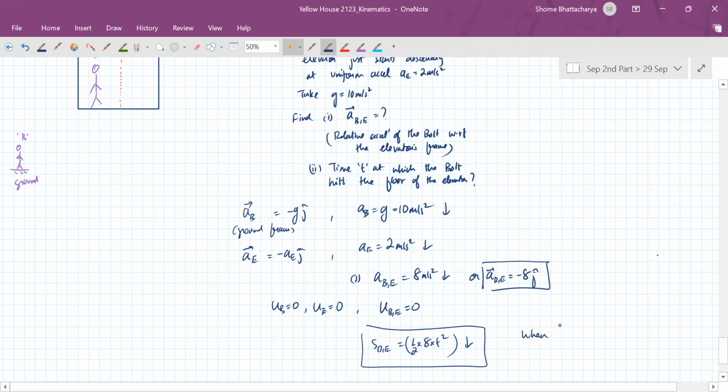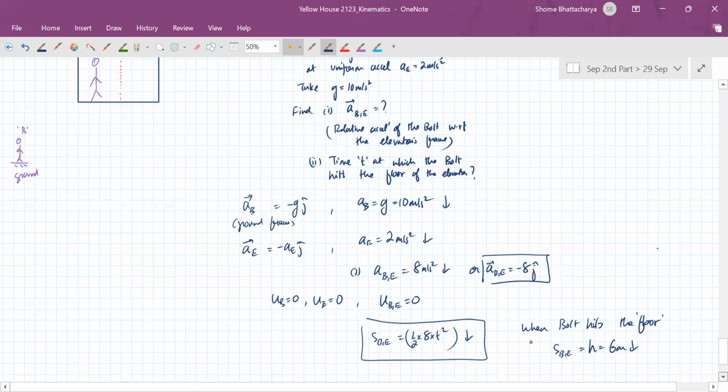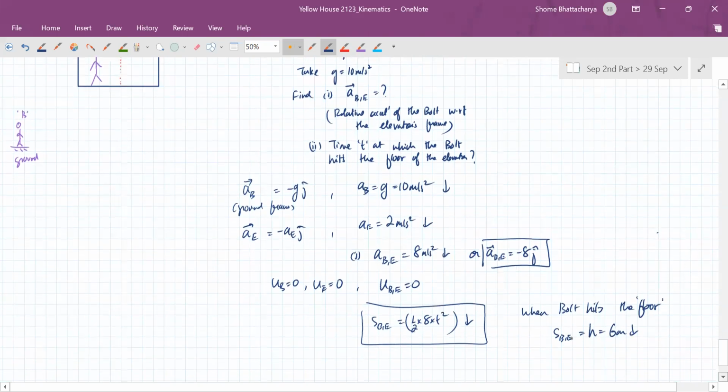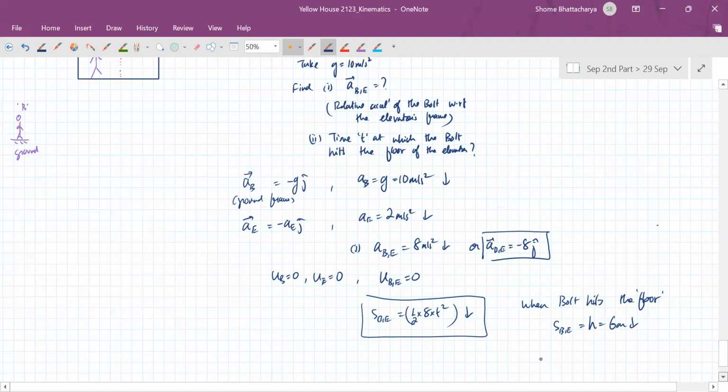So when the bolt hits the floor, the displacement of the bolt in the elevator's frame is going to be h, or 6 meters downwards. So 4t square should be equal to 6.